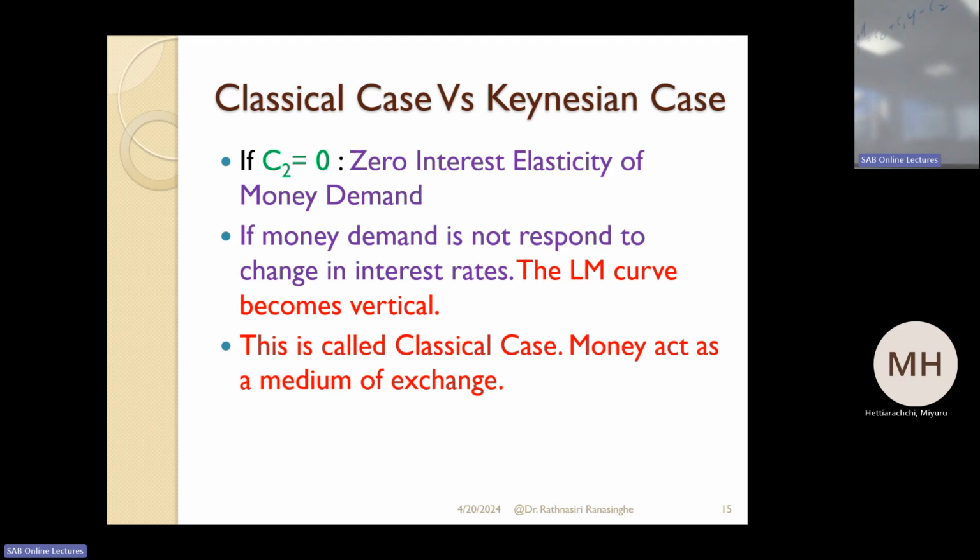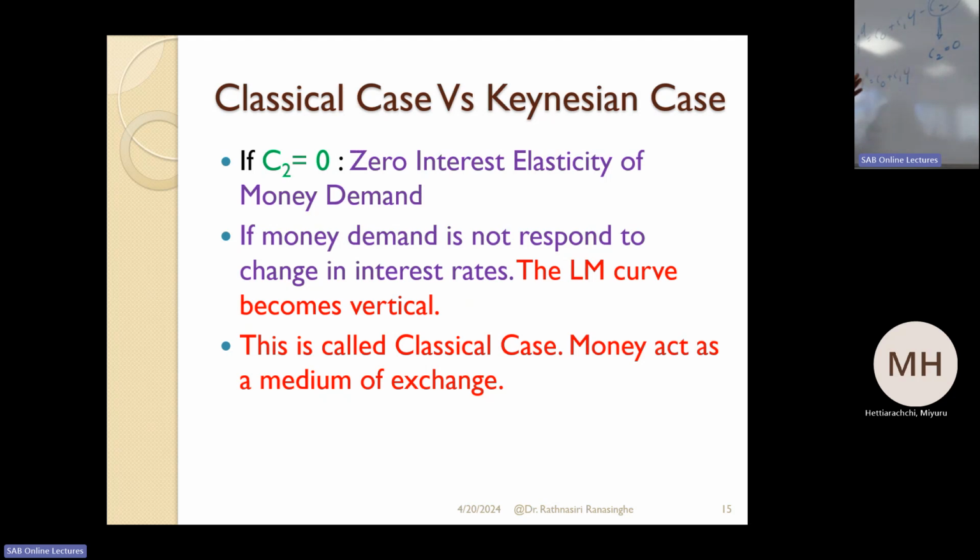So this whole part becomes 0. Then money demand is explained by C0 plus C1Y. Only the transaction and precautionary motives mainly explain the money demand.